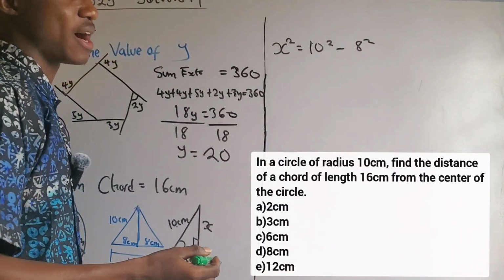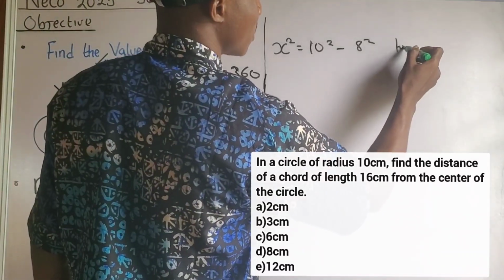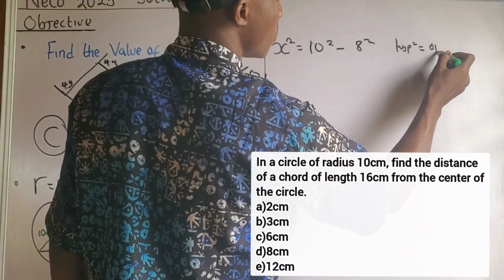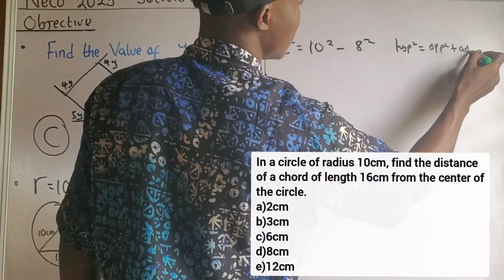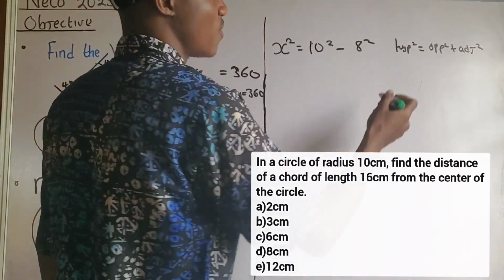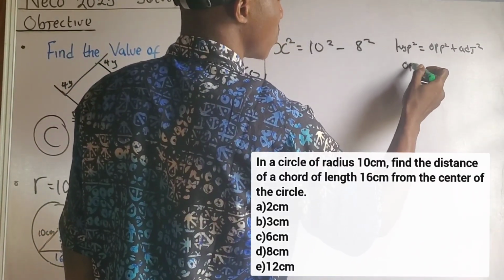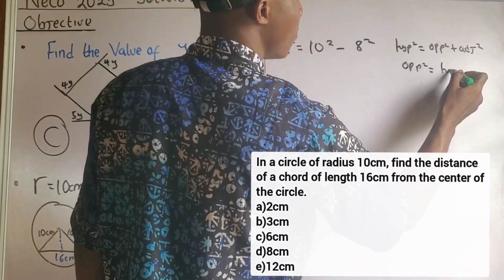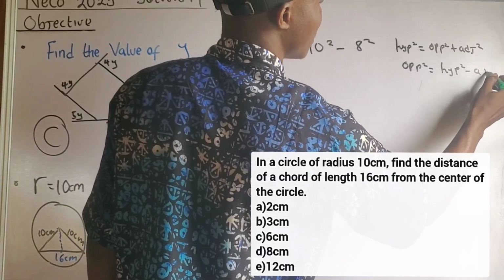According to Pythagoras theorem, hypotenuse squared is equal to opposite squared plus adjacent squared. For this, the opposite is what you are looking for. Opposite squared will be equal to hypotenuse squared minus adjacent squared.